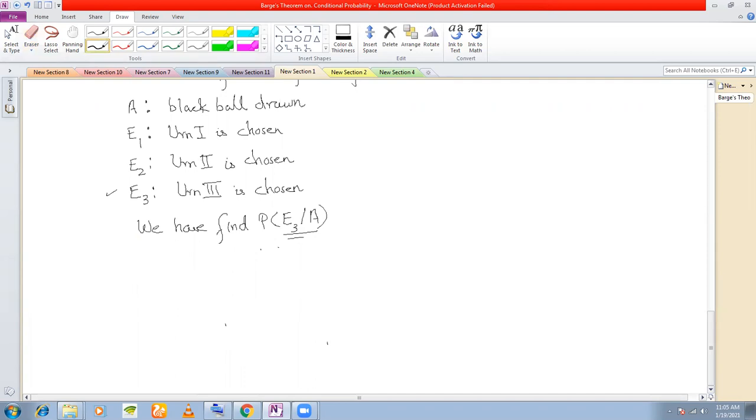We have to find P(E3/A). So from Bayes theorem, what is P(E3/A)? I told you how to write Bayes theorem. You write P(E3) into P(A/E3), right?